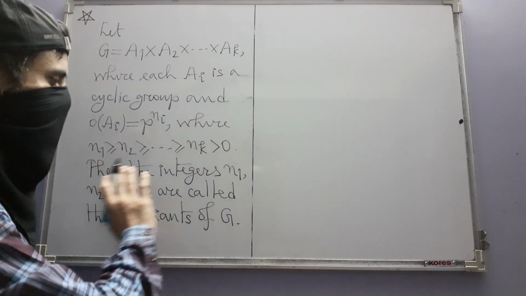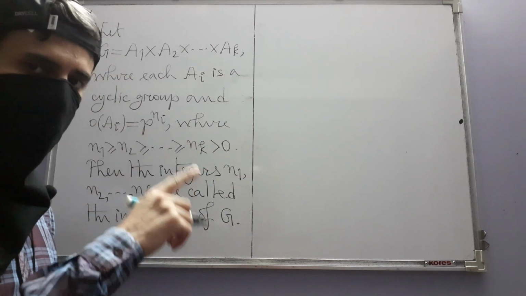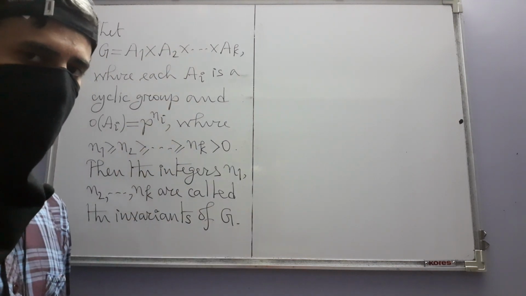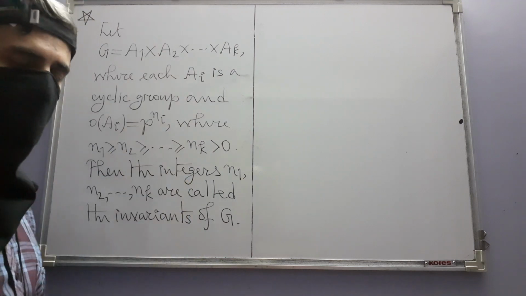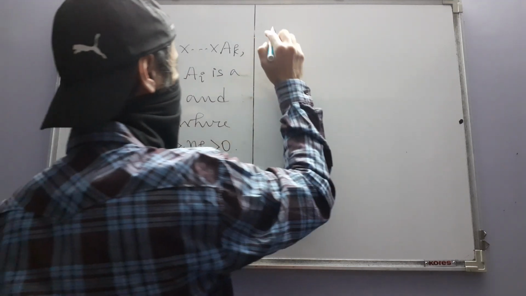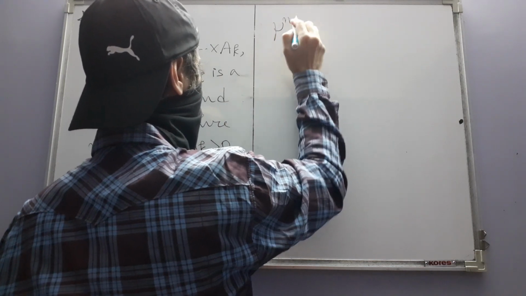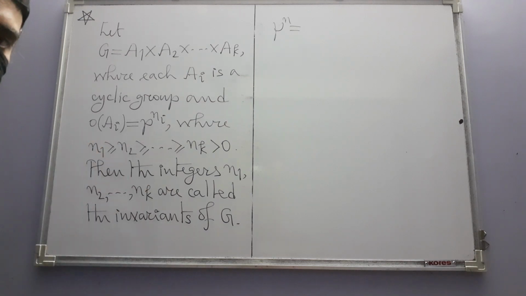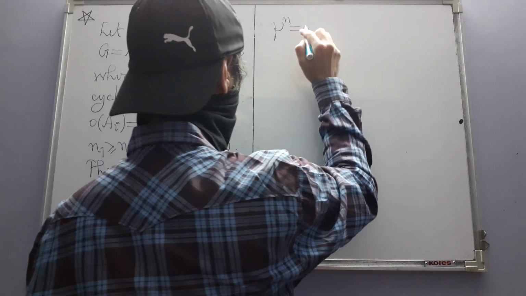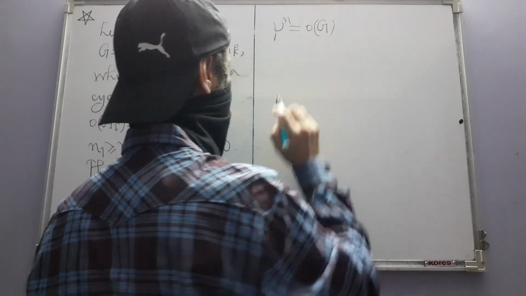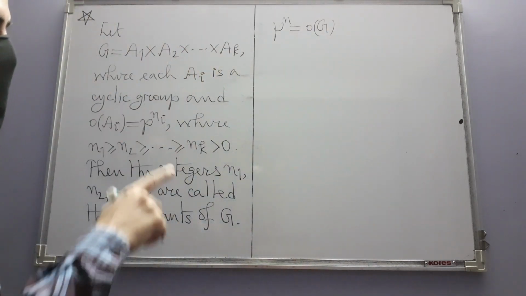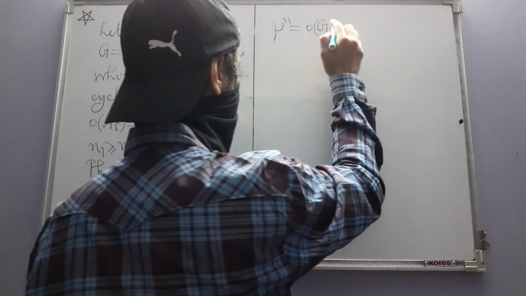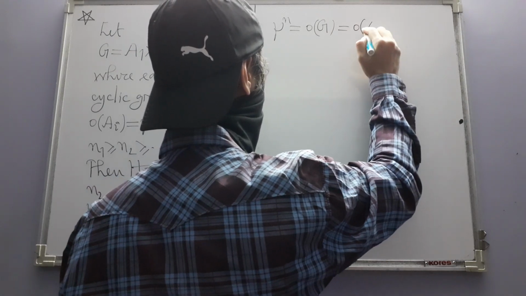Suppose that we have a finite abelian group of order p to the power n, and everything else that we have in this definition we have for that G. So we have the full setup of this definition. Then what can we say about the order of G and the orders of these cyclic groups? Because G is the direct product of these A_i's, the order of G will be the product of their orders, that is this.